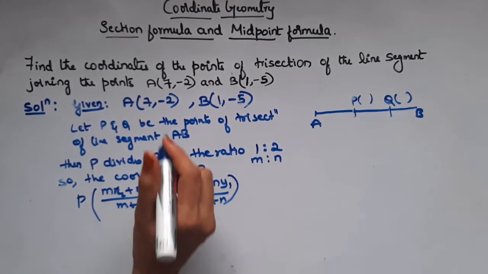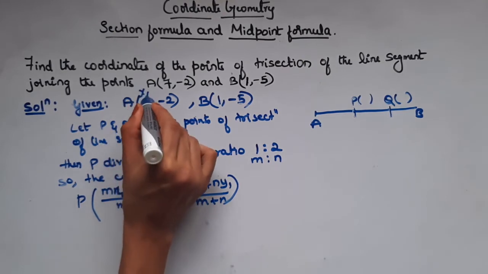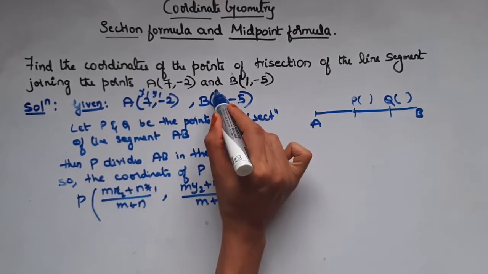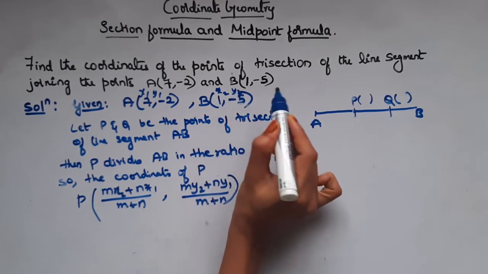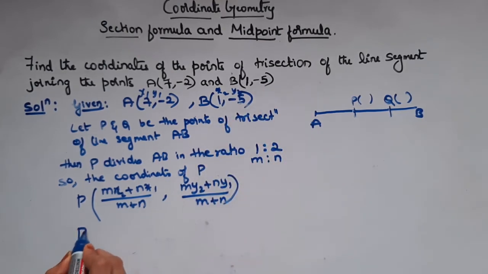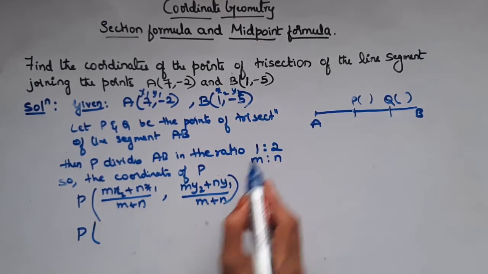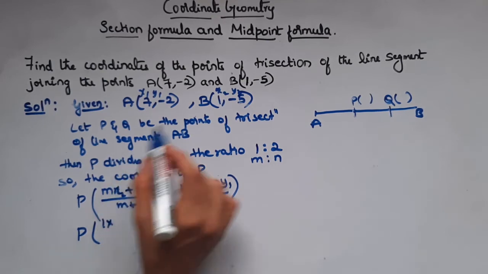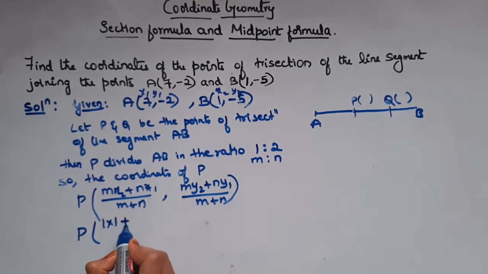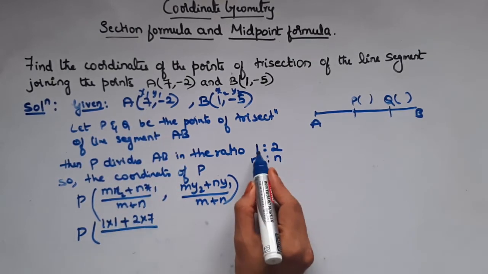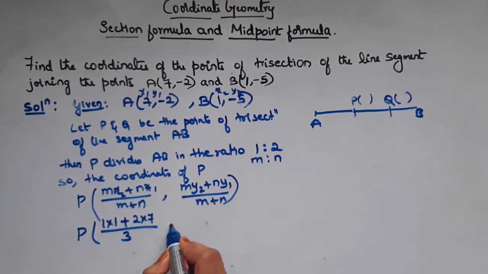So here x1 and y1 is this and your x2, y2 is this. Alright, so let's put this formula. We have P of m here is 1, so 1 into x2 is 1, right, plus n is 2 into x1 is 7 by m plus n, so 1 plus 2 is 3.